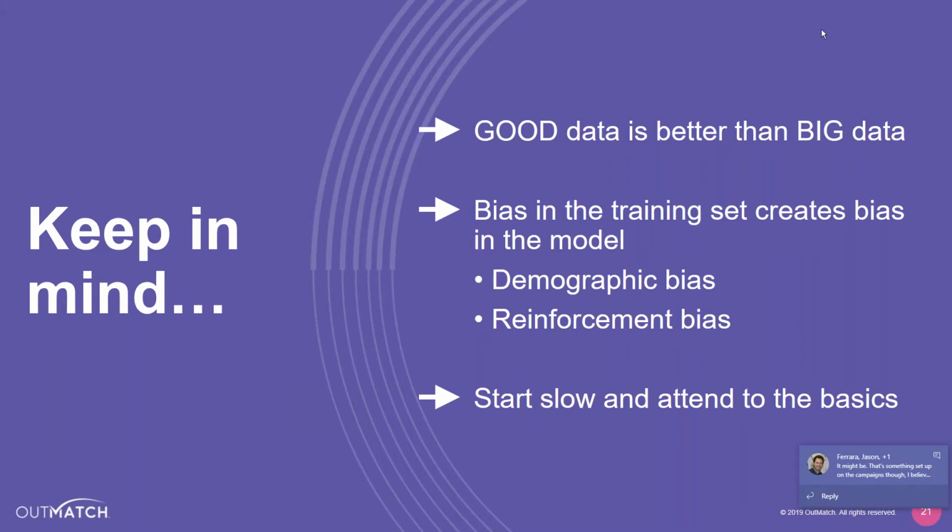And because the performance data they trained on was the hires that they made in this biased way, the AI was trained in a way that reinforced those biases. So when we're looking at using AI for any form of prediction, it's important to consider all different types of biases that could potentially be present in those models.